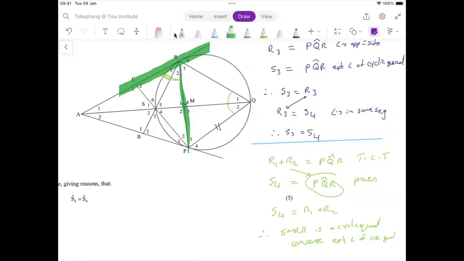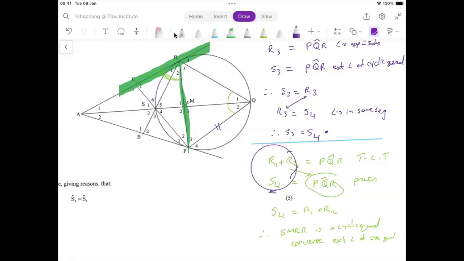Now next, we know what S4 is, because in the previous question, we had to find S4. We know that S4 is equal to S3, and those are equal to PQR. That's why I was able to simply say that S4 is equal to PQR. It was proven. Now, it's just a matter of saying these are equal, because they're both equal to PQR.